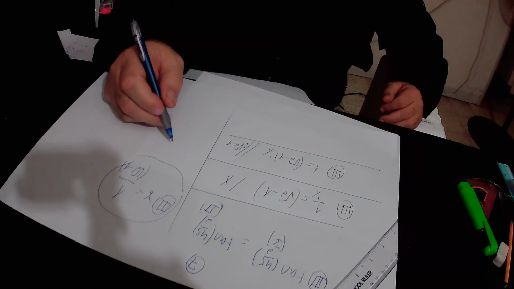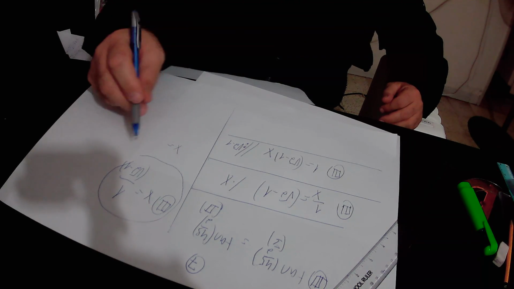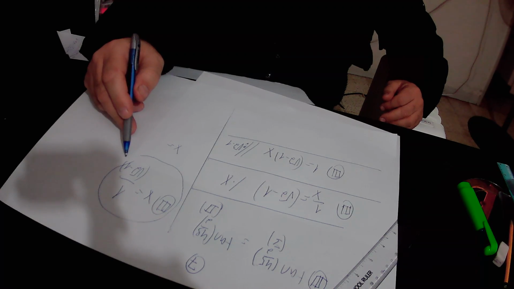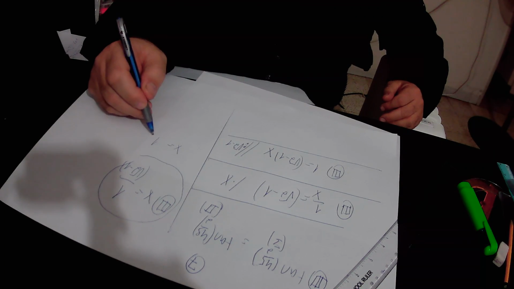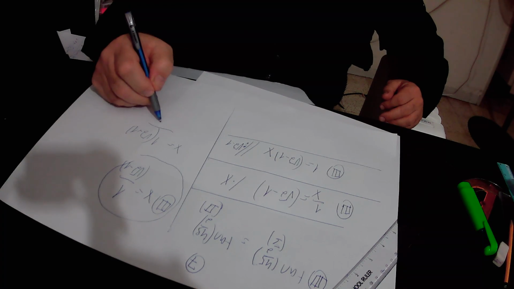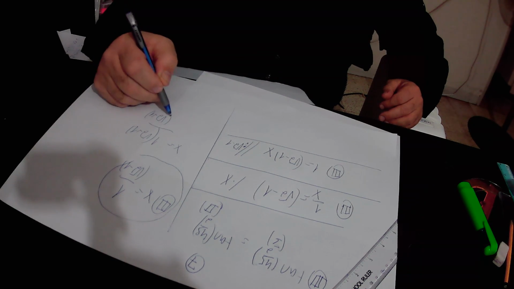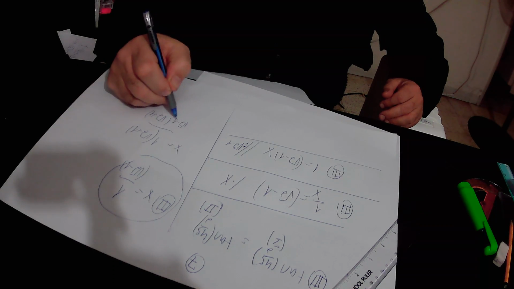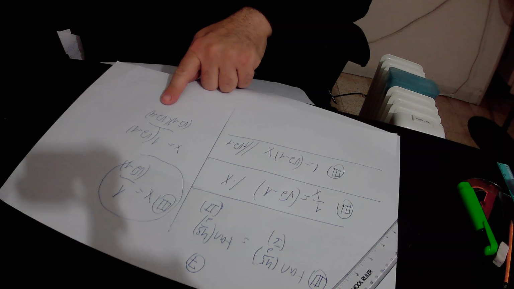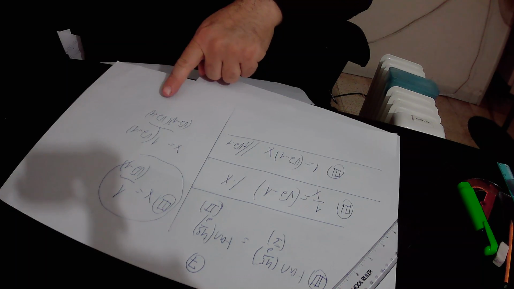So here we'll multiply the numerator and denominator of this side of the equation by square root of 2 plus 1. And we get 1 times square root of 2 plus 1 over square root of 2 plus 1 times square root of 2 minus 1. We actually multiplied this side of the equation by 1, because square root of 2 plus 1 over square root of 2 plus 1 is 1.